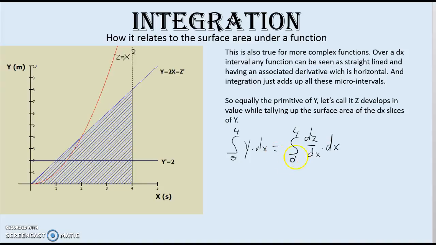Right, so these are the same. So now I know I can plug in that 4 value into my z function. Alright, and that is 16. So yeah, that gives me the surface area of what is under the y is 2x function up to the point that I'm at x is 4, and that would at the same time be the value of z for this function.